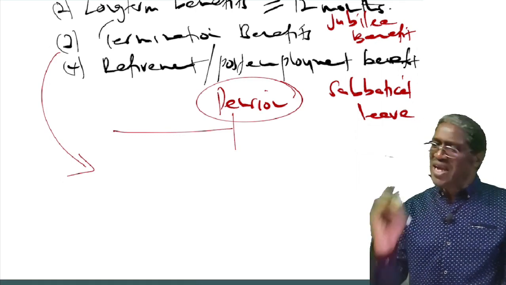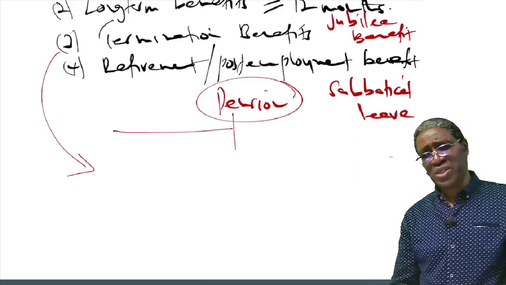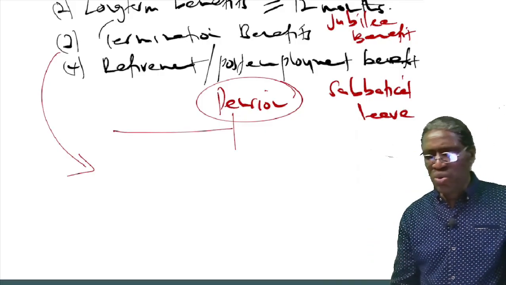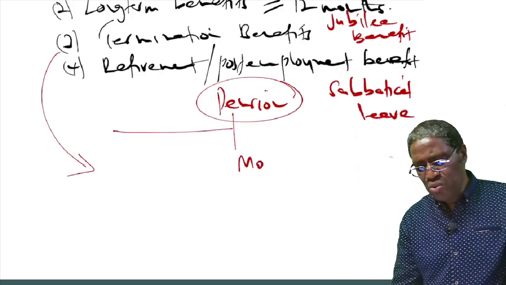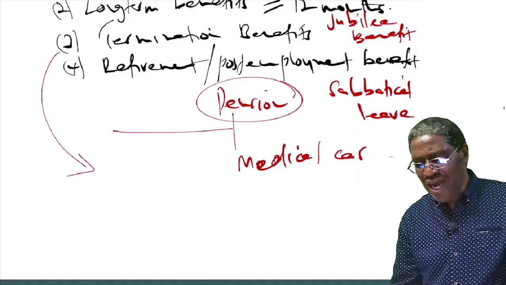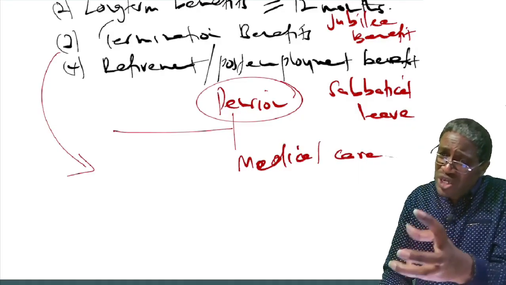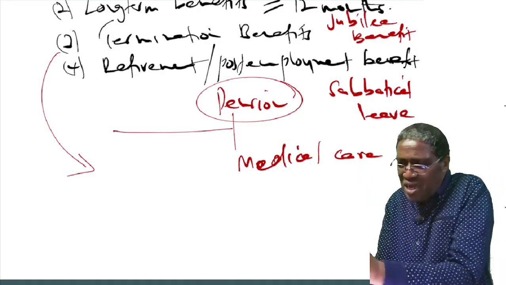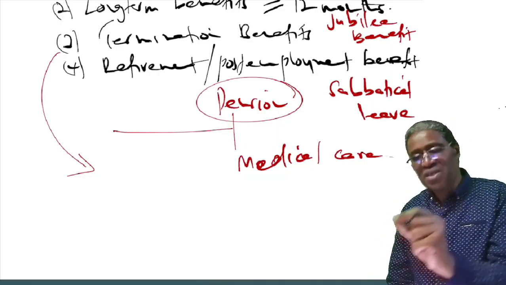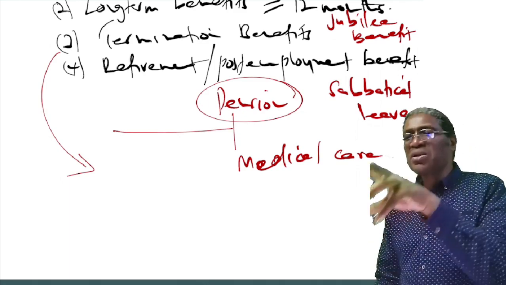Good. There are some companies whereby they tell their employees that even after you have retired, we are still going to provide you with medical care. So if your company has such an arrangement where they provide you medical care even after retirement, then that kind of benefit is classified as a post-employment benefit.